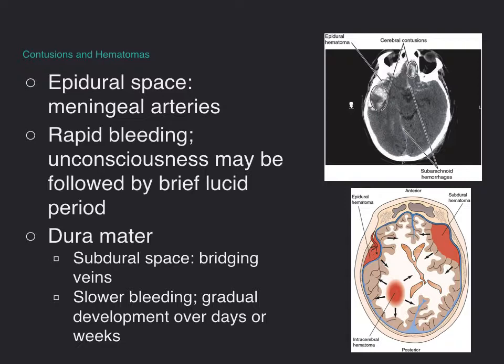The bridging veins pass from the pial vessels through the CSF-filled subarachnoid space, and they penetrate the arachnoid and the dura and empty into the intradural sinuses. These veins are really easy to snap in head injury when the brain moves suddenly in relation to the cranium.